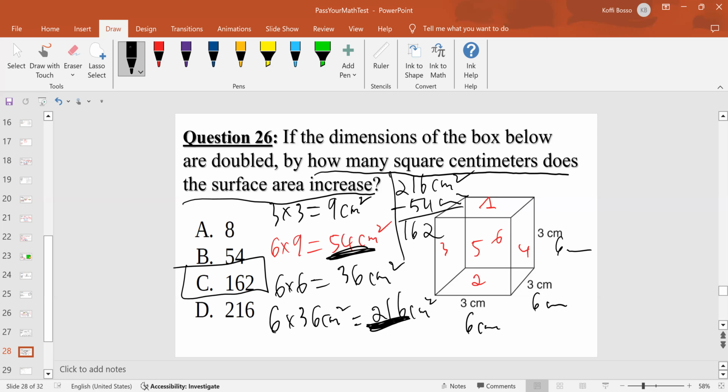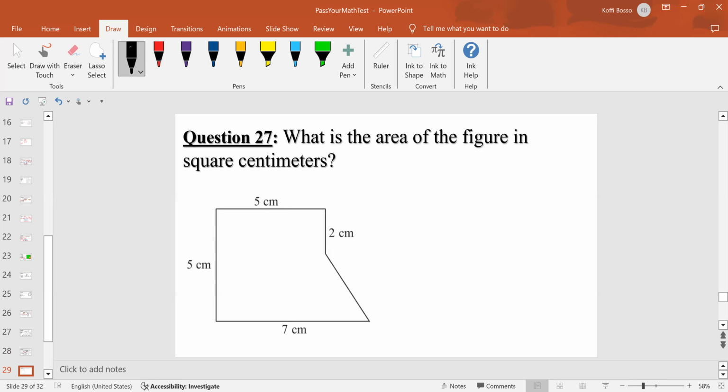Question 27. What is the area of the figure in square centimeters? Let's break it down. You will see that what we have here is a square.